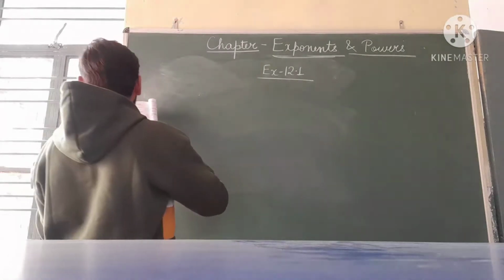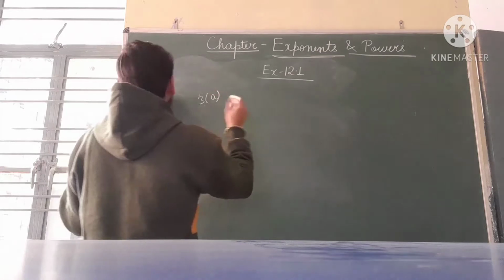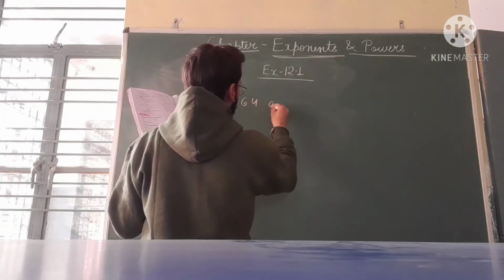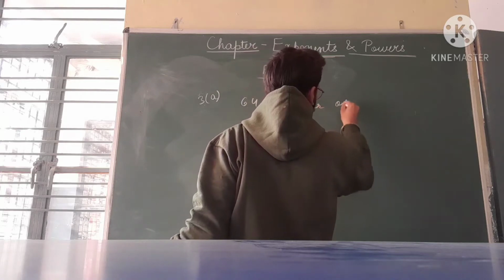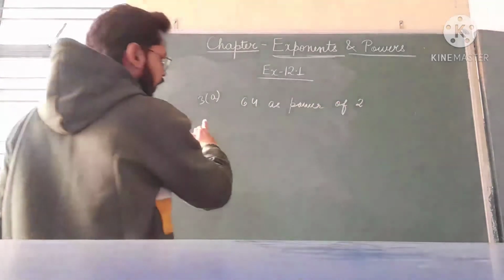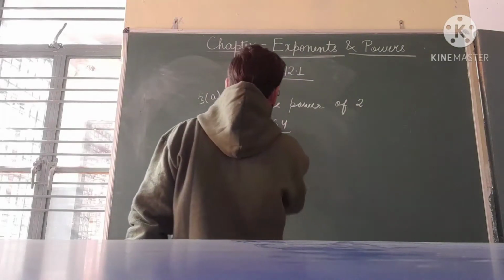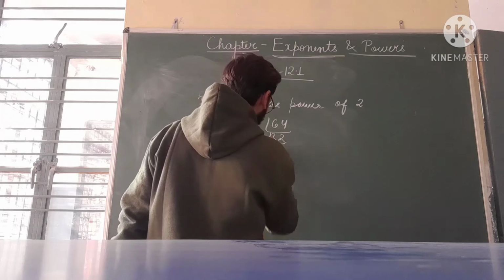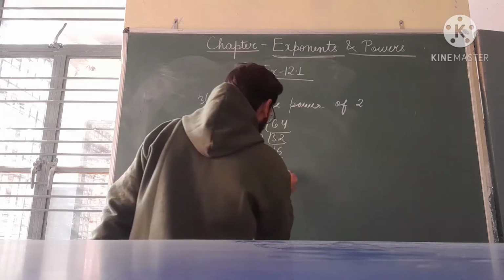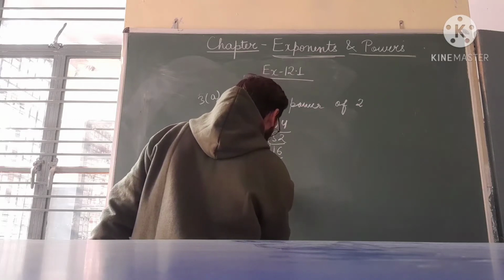Now third, express the following in exponential form. 64 as a power of 2. So we have to express 64 as a power of 2. We will take the LCM of 64. We get 2 3s are 6, 2 2s are 4, 2 1s are 2, and so on, dividing by 2 repeatedly: 64, 32, 16, 8, 4, 2.